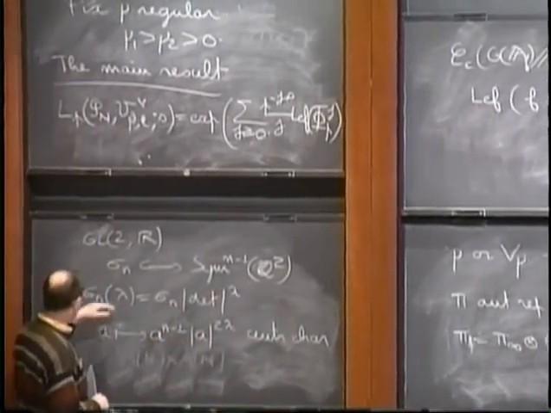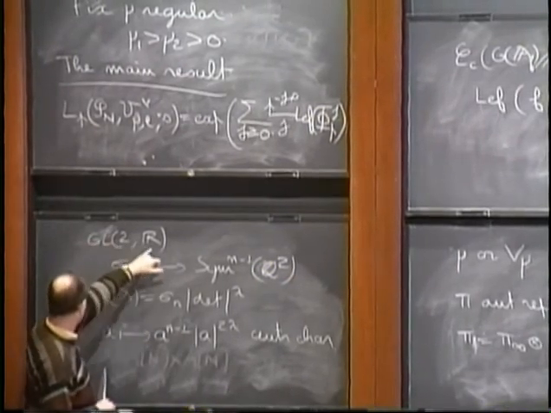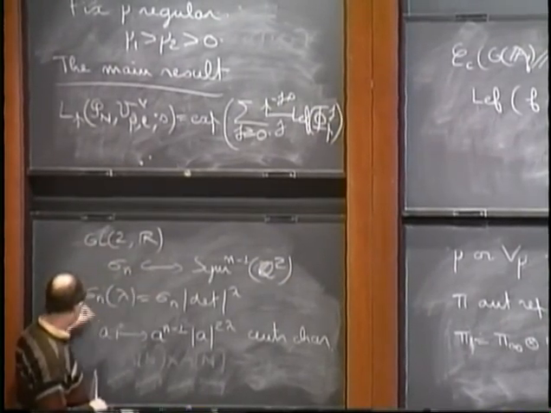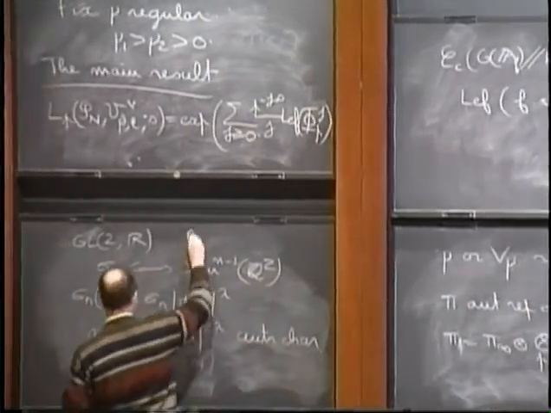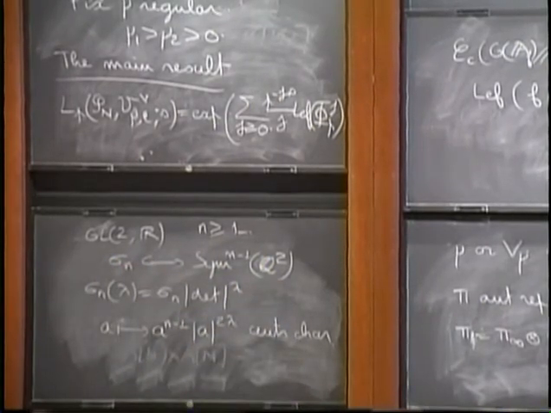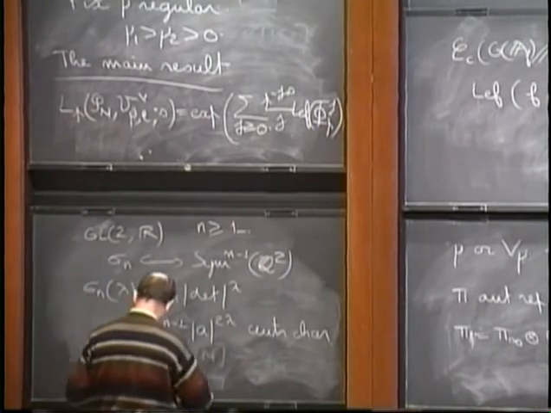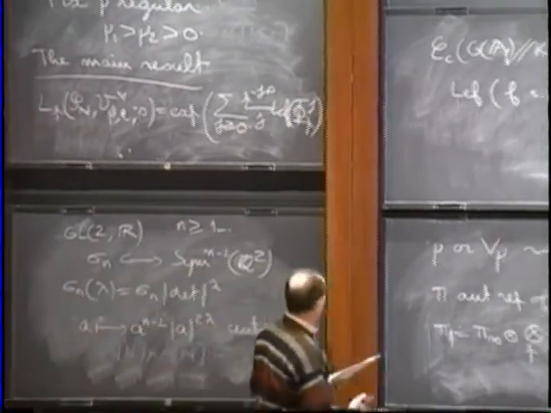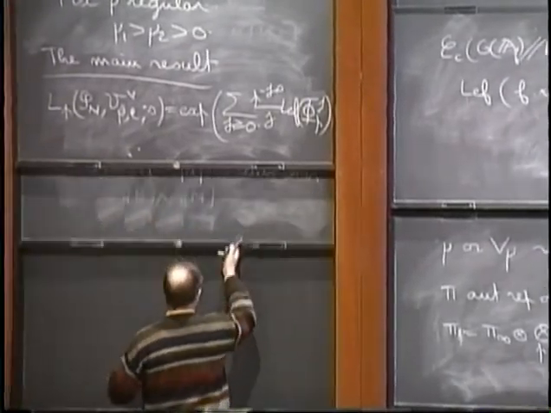And any automorphic representation of GL2 of the Adele group, which has this kind of component at infinity, is automatically cuspidal. So at finite places, again, we have a Frobenius-Ecker.